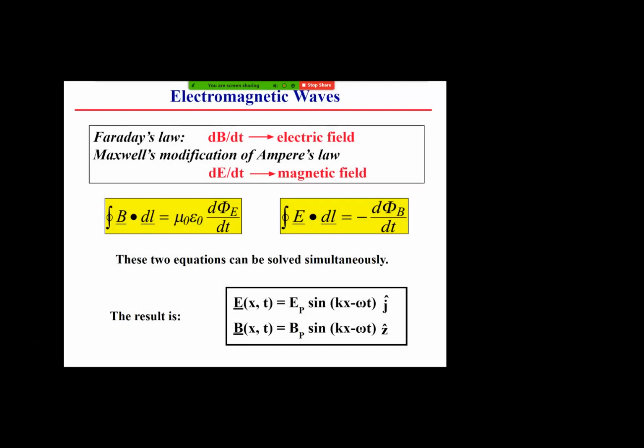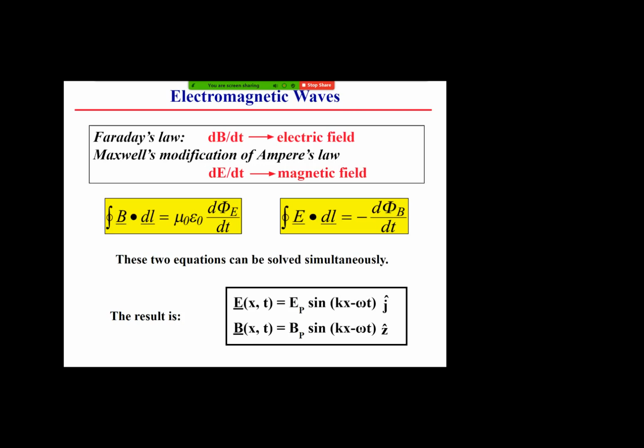So for the electric field as a function of space and time, that should be equal to a peak value times a sine function, or in some textbooks you may see a cosine function: sine of kx minus omega t. And for the magnetic field, it's also a sine of space and time, with a peak value in magnitude, sine of kx minus omega t. If the electric field is in the y direction, then the B field will be in the z direction.